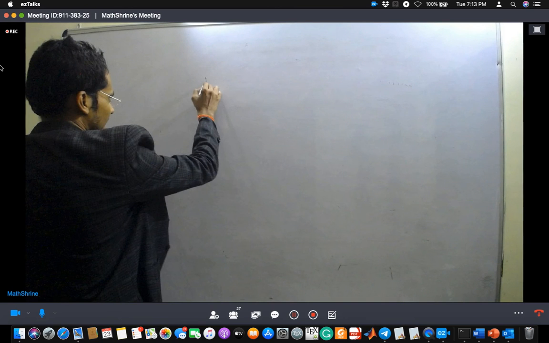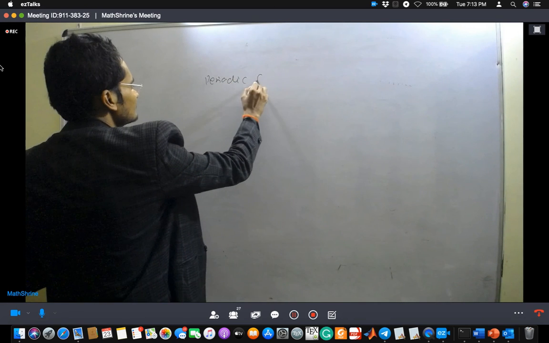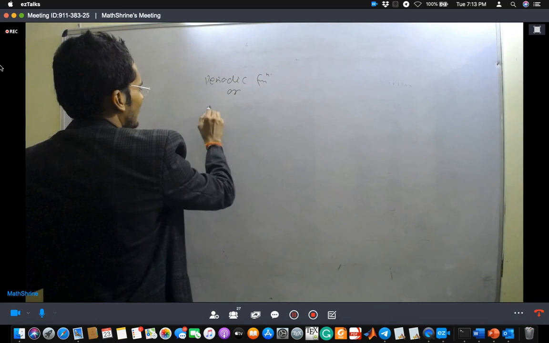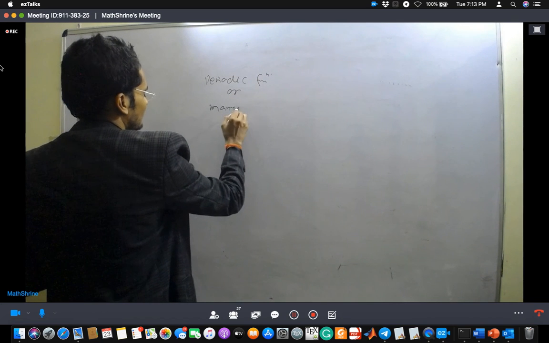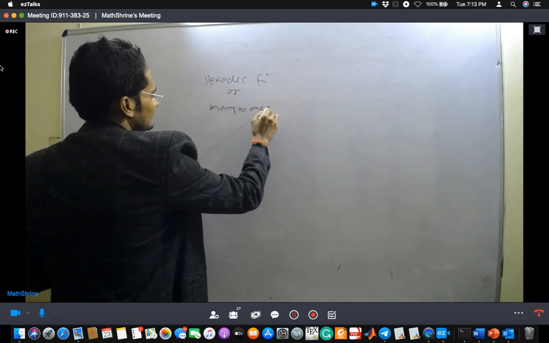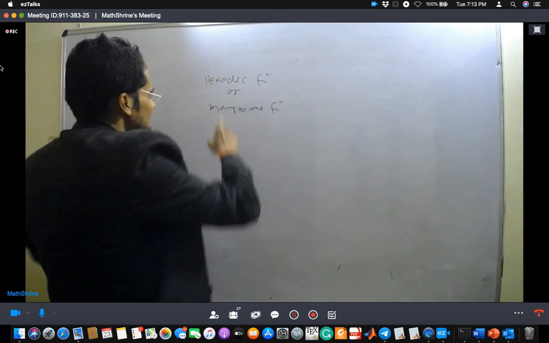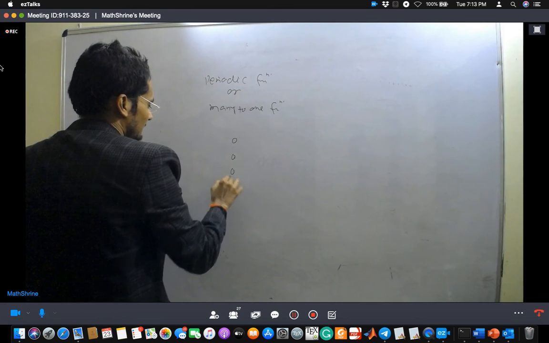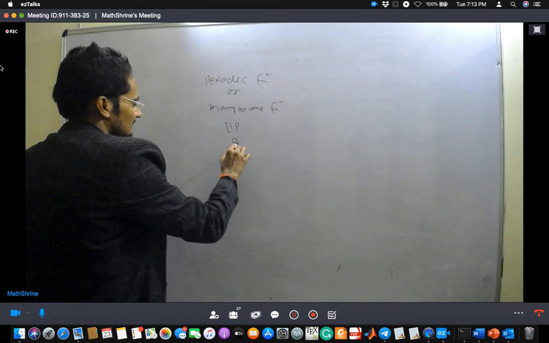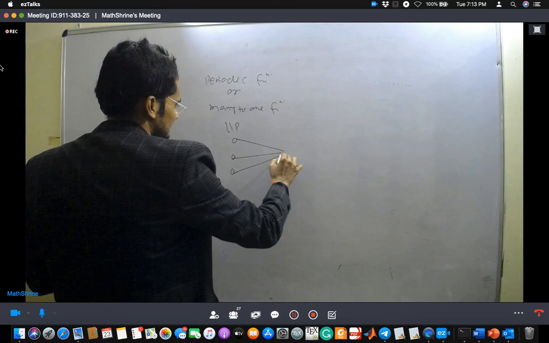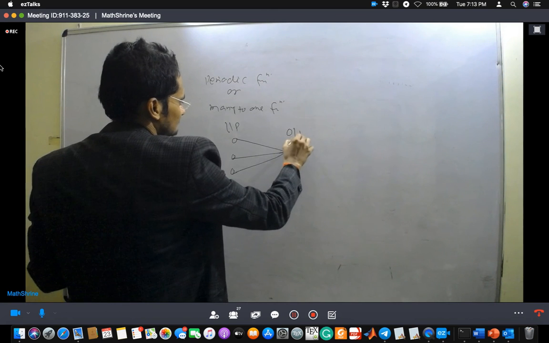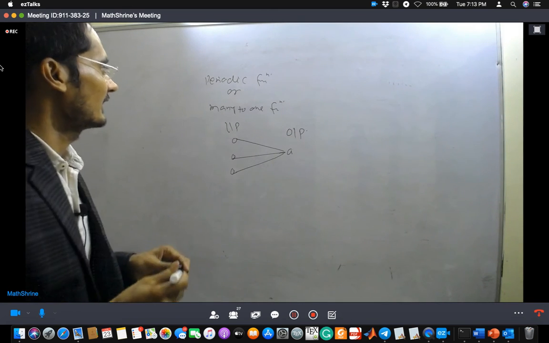It means more than one input is mapping to a single point. This is the preliminary condition for periodicity or the many-to-one function.